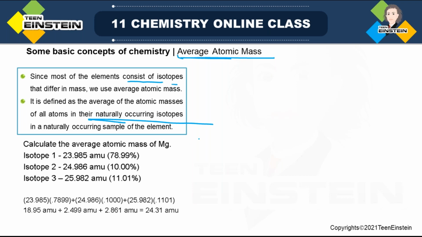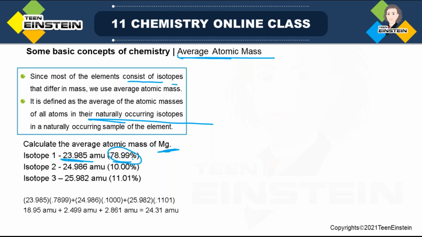Suppose you have taken a naturally occurring sample of magnesium. In this case, a total of 3 types of isotopes are present. Suppose the first isotope's mass is 23.985, and this has the maximum abundance, almost around 80%.